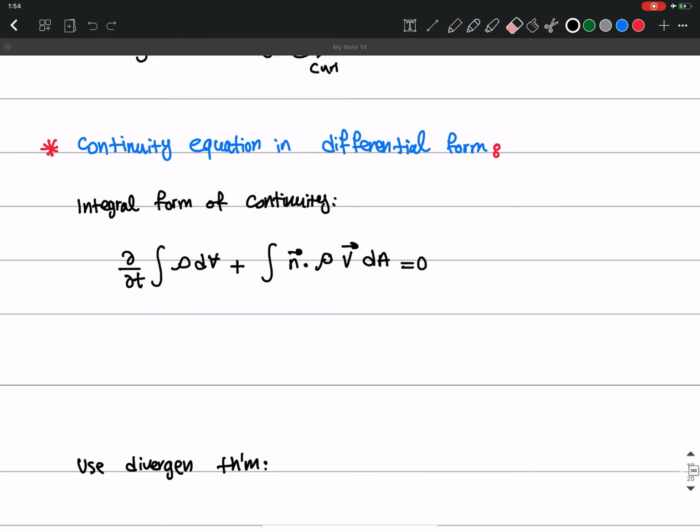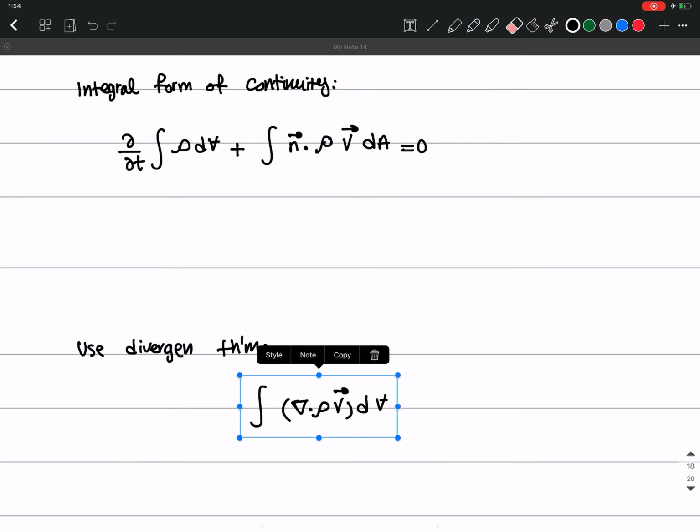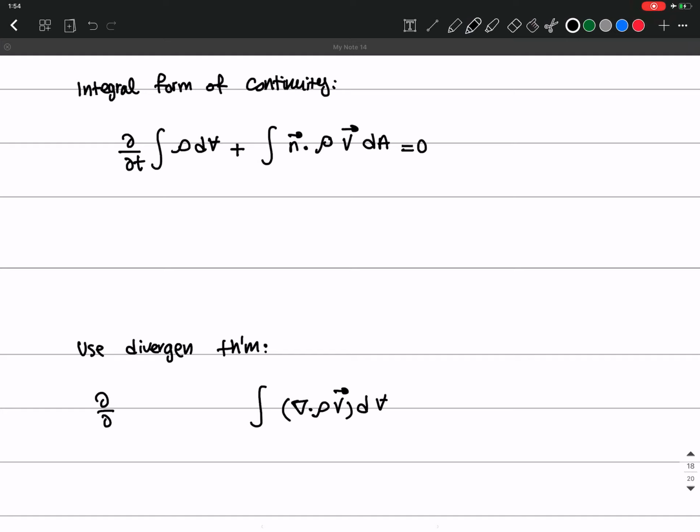Instead of this, I'm going to write this term for the second term. And then for the first term, I'm just going to write it down: the partial t integral of rho dv plus this equals 0.